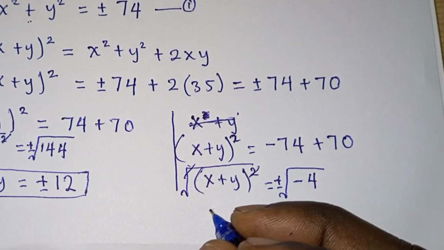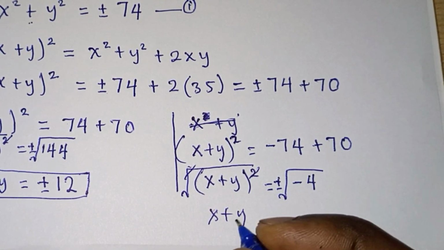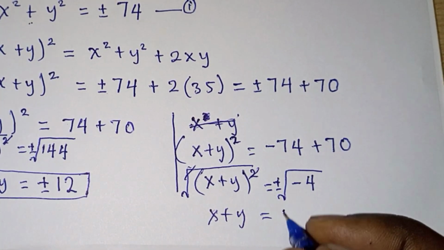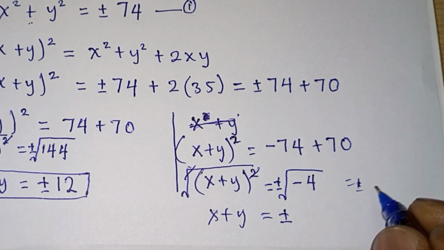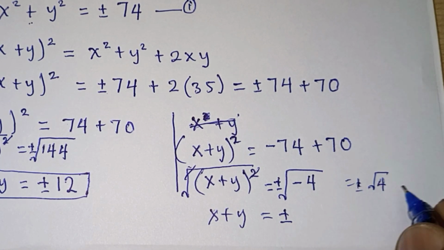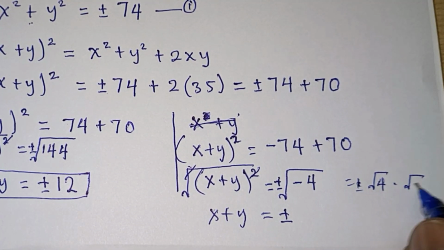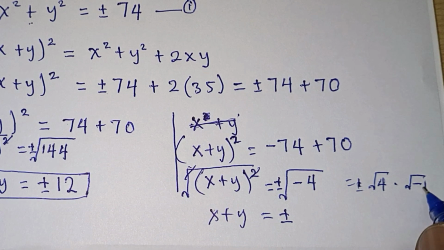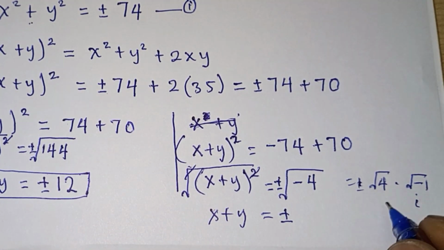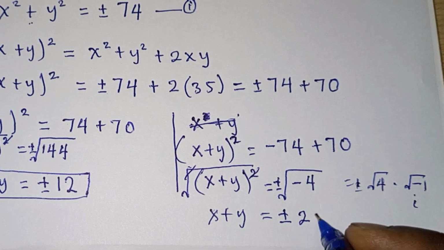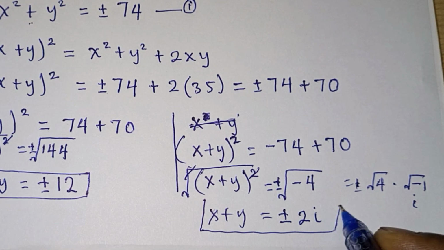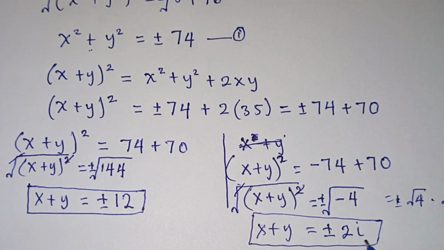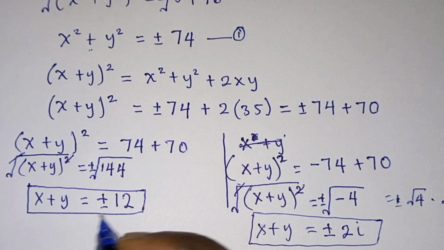And we are left with x plus y, which is equal to plus or minus the square root of 4 times the square root of negative 1. And we know that the square root of negative 1 is basically i, right? And the square root of 4 is 2, so we're going to be getting 2i. So pretty much these are the solutions to the problem. This is a complex solution, and then this is the real solution.